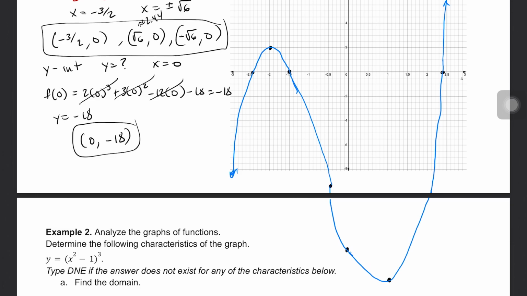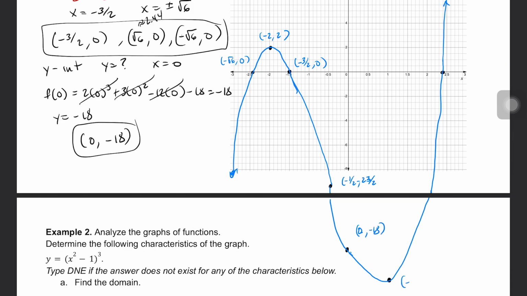What I would suggest here is to write down the labels of the points. For example, this is negative square root of 6, comma 0. This point is negative 2, comma 2. This point here is negative 3 halves, comma 0. This one is supposed to be negative 1/2, comma negative 23 over 2. This is 0, comma negative 18.